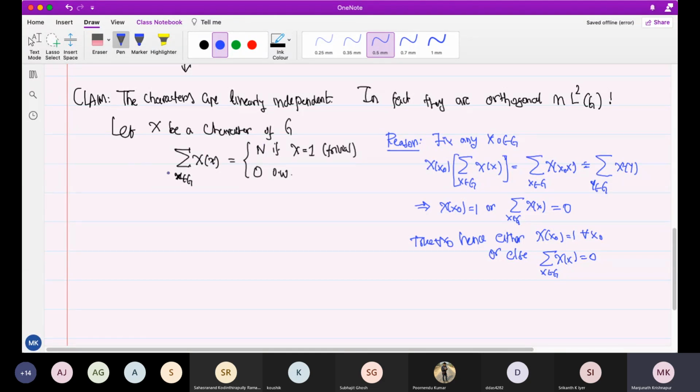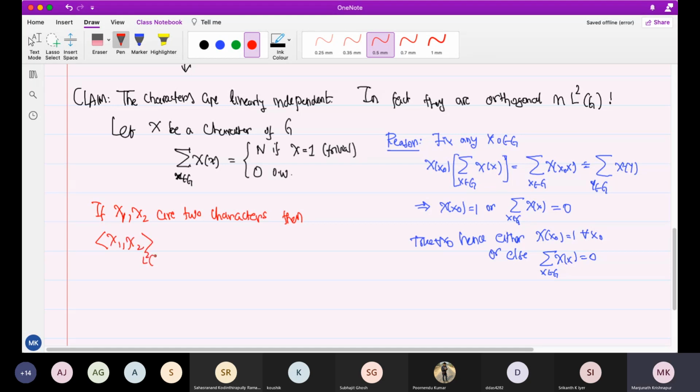Okay, so we get this, but from here the orthogonality is immediate, because if chi1 and chi2 are two characters, then what is the inner product in L2 of G?